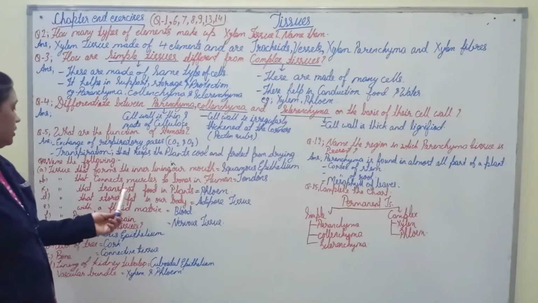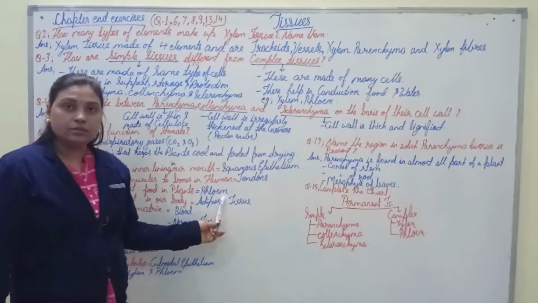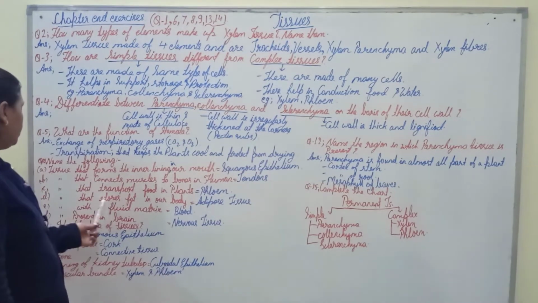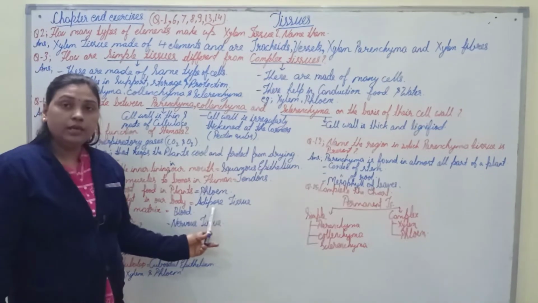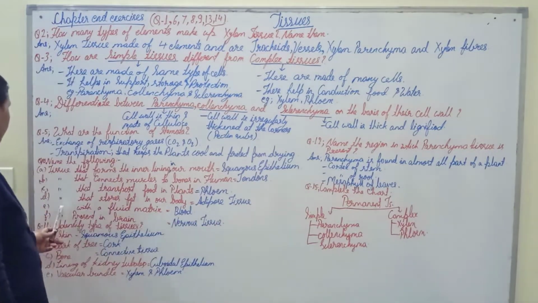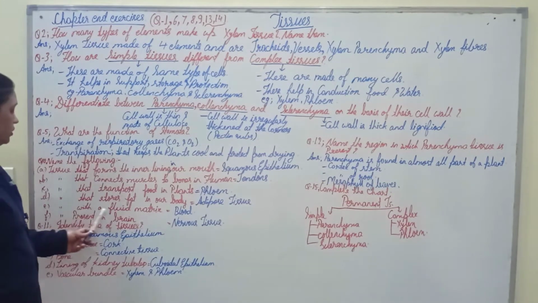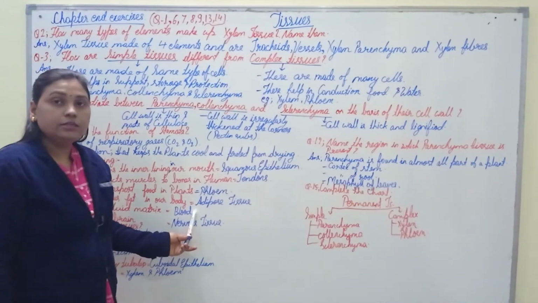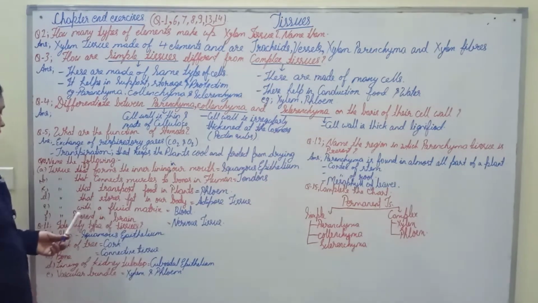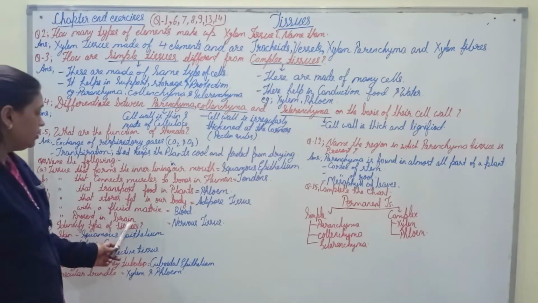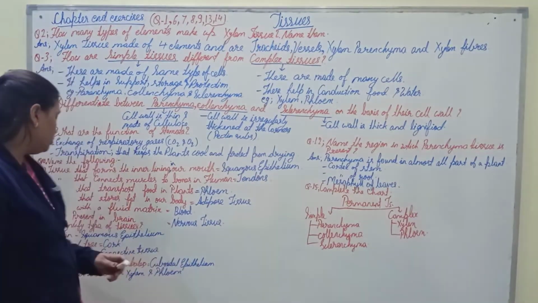Name the tissue that transports food in plants, and the answer is phloem. Name the tissue that stores fat in our body, and the answer is adipose tissue. Name the tissue with a fluid matrix, and the answer is blood. Name the tissue that is present in the brain, and the answer is nervous tissue.